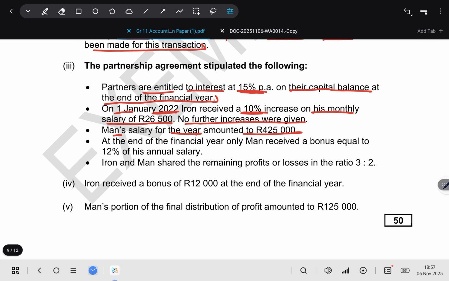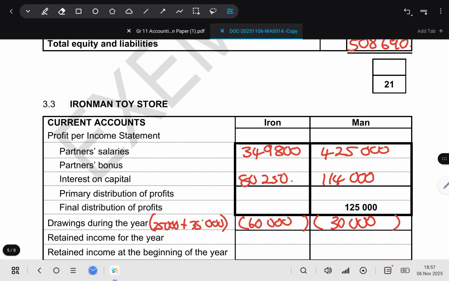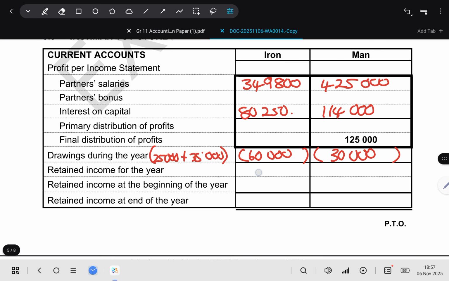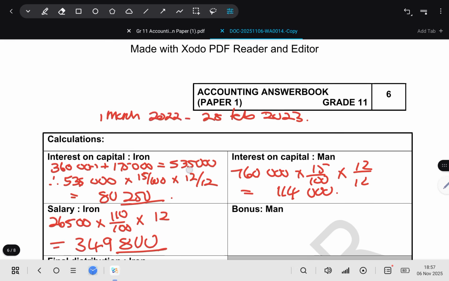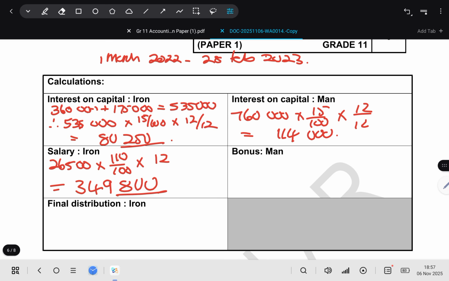And then after this, they are saying that at the end of the financial year, men only received a bonus equal to 12% of his salary. So let's check. For men, his annual salary is 425,000. So to get his bonus, we're going to say 425,000 multiplied by 12 over 100.